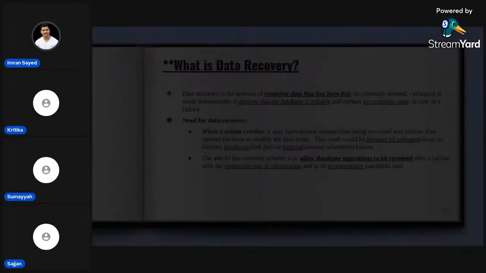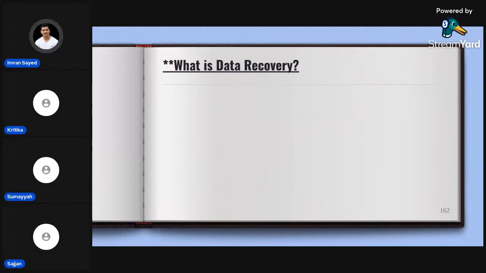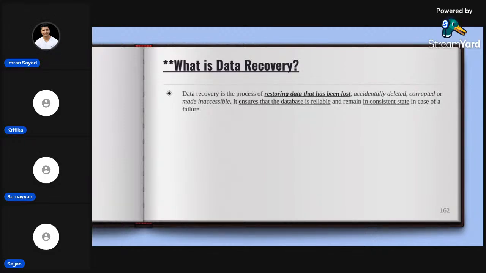Okay, so Maya, can you read this? Yeah. Data recovery is the process of restoring data that has been lost, accidentally deleted, corrupted, or made inaccessible. It ensures that the database is reliable and remains in consistent state in case of a failure. Okay, so it's a process of restoring the data that has been lost, accidentally deleted, or corrupted, and it ensures the database is reliable and in a consistent state in case of a failure.